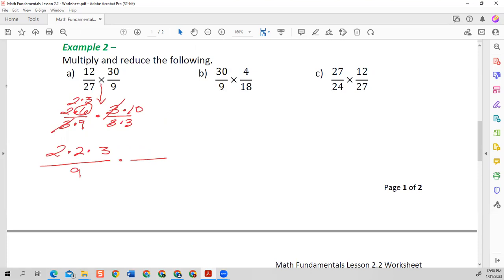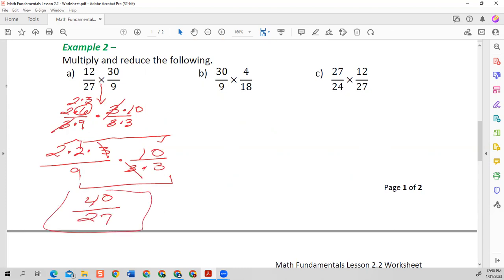So we're going to do 10 over 3 times 3. And I see this 3 and that 3 will reduce. Now I'm left with cleaning up. 2 times 2 is 4, right? 4 times 10, which is 40, all over 3 times 9, which is 27. And that is my final answer.